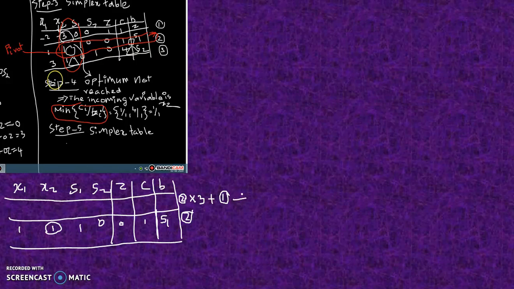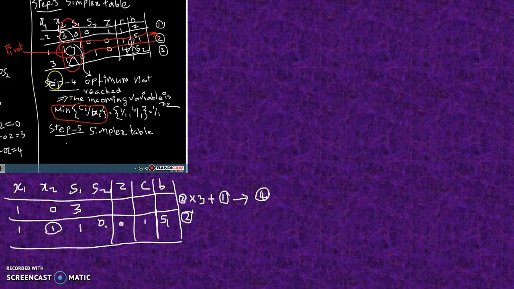That is the new equation, equation number 4. You do that now. Multiply this by 3, add with this. What you will get? 3 minus 2, 1. Multiply this 3 by 3, add with this, 0. Multiply this by 3, add with this, you will get 3 here.